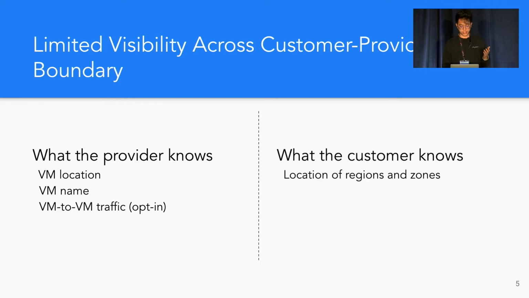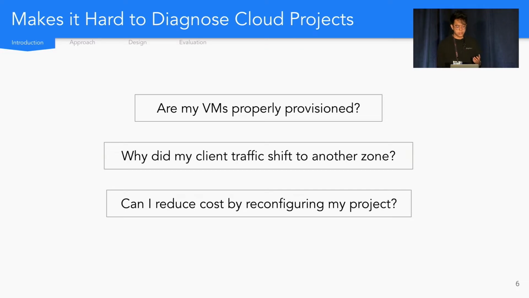Customers know the location of the regions and zones, and they know some information about the interconnected network. In this case, no one actually has a complete view of the entire cloud service. This limited visibility makes it hard to answer questions about provisioning, traffic dynamics, and the cost of the cloud services.